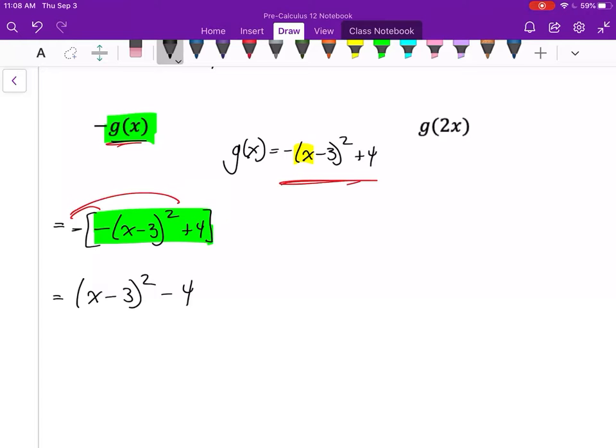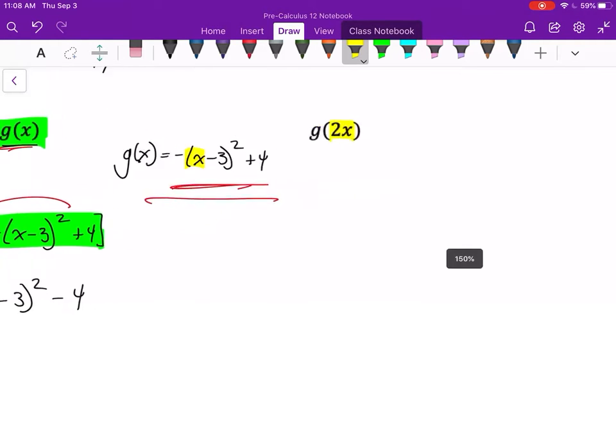And so finally, what is the equation of g at 2x? Well, again, I want to come back to this equation right here. But instead of the input being x, the input is 2x. Now, what do I do with that? Well, I'm literally going to go back to my equation and replace that x I've highlighted with 2x and leave everything else the same.